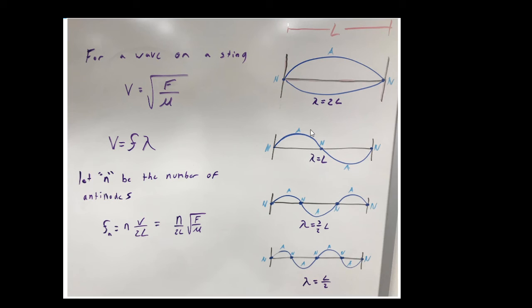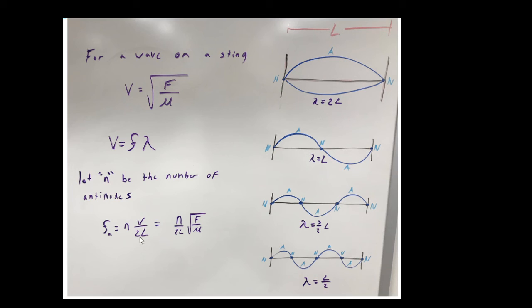And so applying that to our v equals f lambda, we see that we have a dependency on what frequencies we could have with respect to n, if we let n be our antinodes. So that lowercase n is just how many antinodes we have on the string.